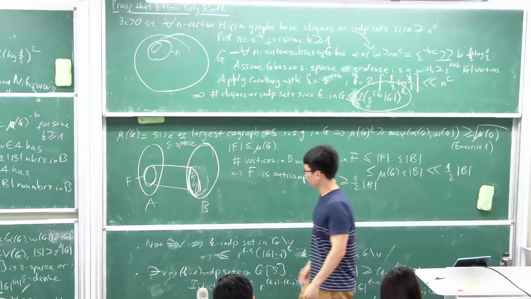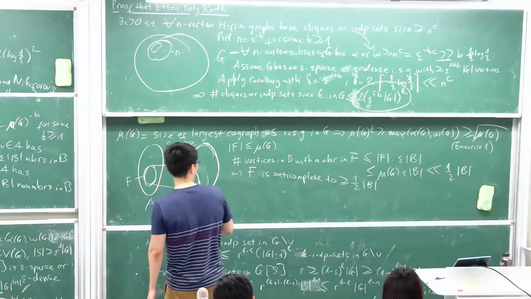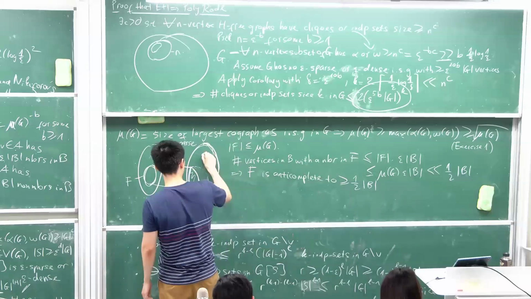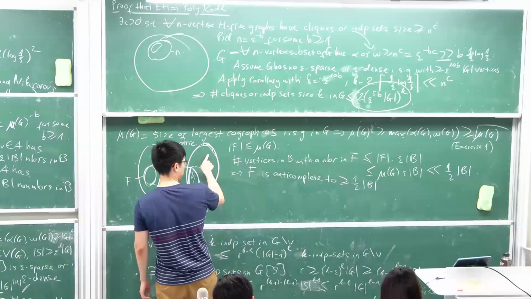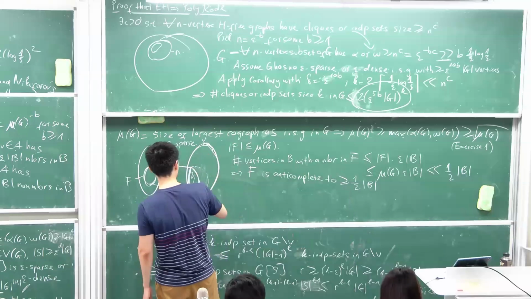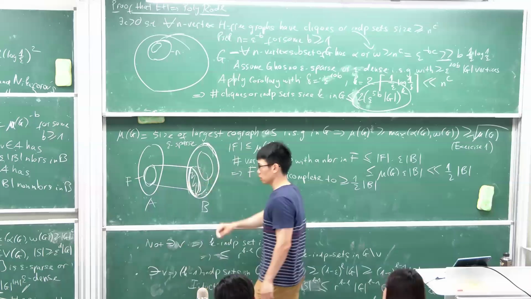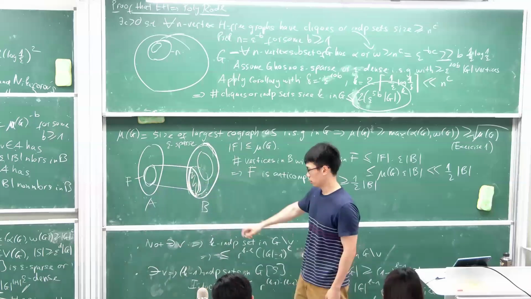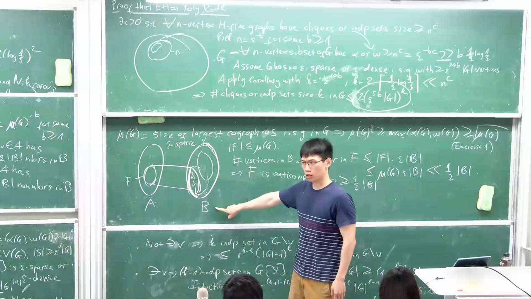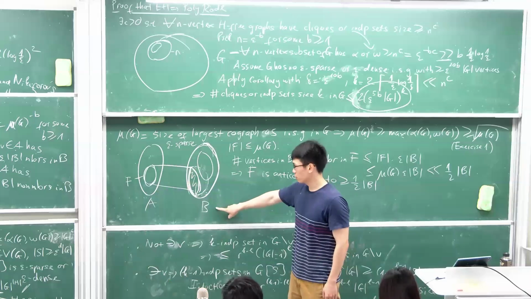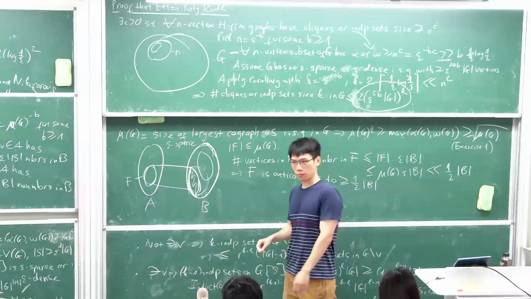Yeah. So now look at the rest of B, which is incomplete to F. Again, I apply induction. I'm going to get the largest cograph in B, which I can get by induction, right?